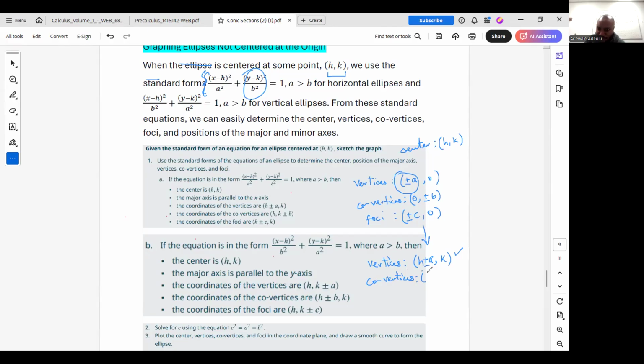So again, I will start from h comma k, and since it's along y, I will just add plus or minus b. The same thing with the foci. So h comma k, and since my major axis is along x, the foci will be there, that is plus or minus c. So that is everything I have here.